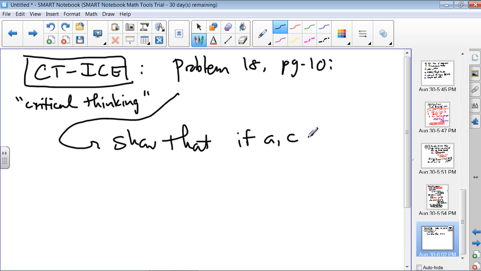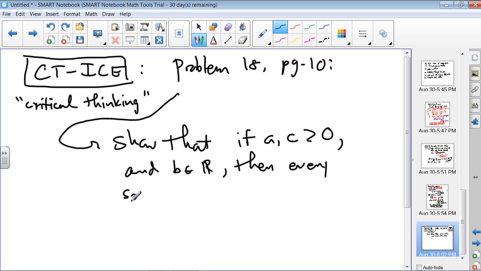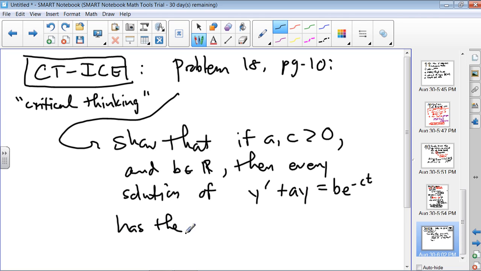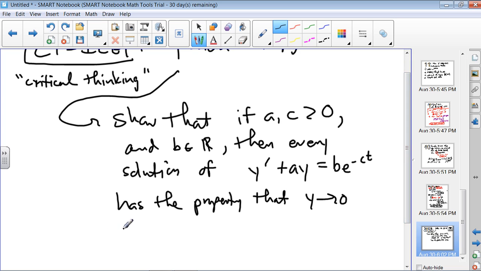It says, show that if A and C are positive constants, and B is some real number, could be positive, could be negative, could be 0, then every solution of the equation y prime plus ay equals b e to the minus ct has the property that the solution tends to 0 as t tends to infinity.